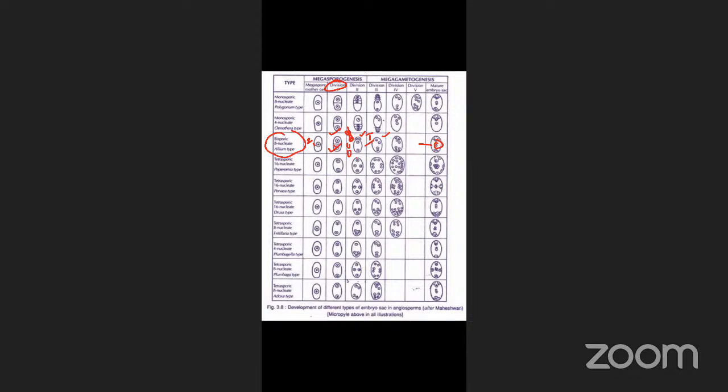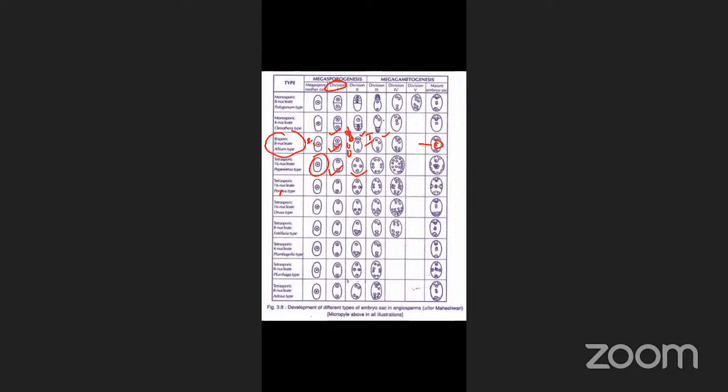And tetrasporic type, here the given examples are Peperomia, Penaea, Drusa, Fritillaria, Plumbagella, Plumbago. They are all tetrasporic type. In tetrasporic, as I said earlier, what happened? First let's see the Peperomia type. In Peperomia, this is the megaspore mother cell, first meiotic division, second meiotic division, after formation four nuclei, four megaspores. These four megaspores are utilized in the formation of the embryo sac.